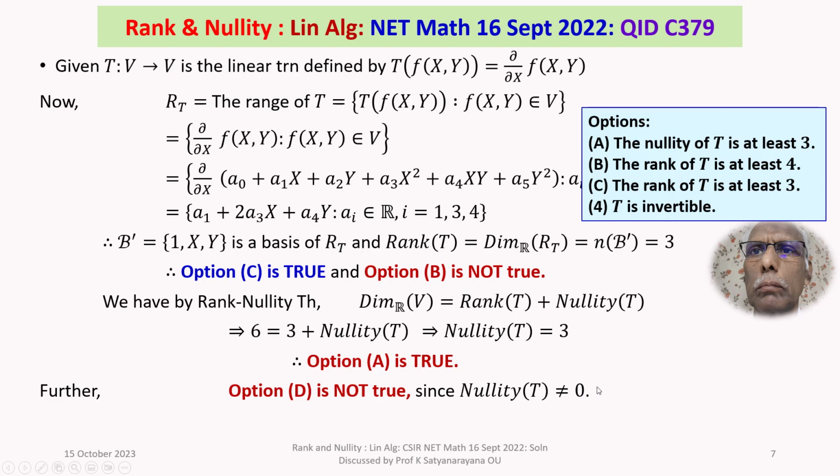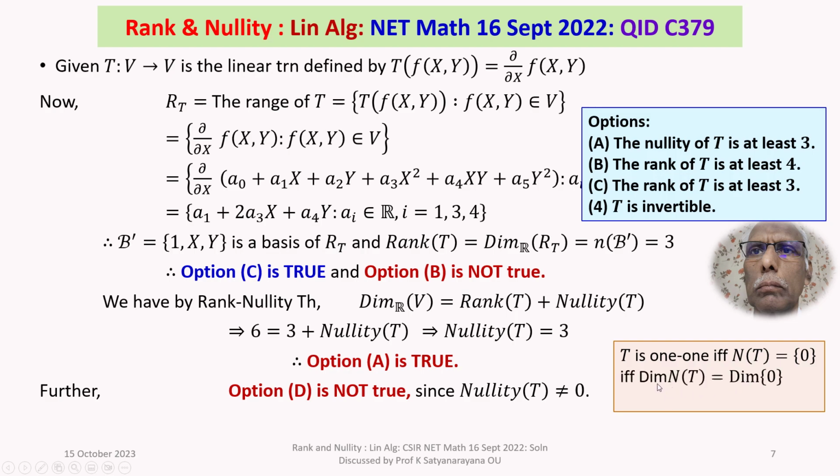Why is it so? Let's recall this: T is 1-1, a one-to-one transformation, if and only if the null space of T is trivial, namely consisting of the zero polynomial alone. That means T is 1-1 if and only if the dimension of N(T) is equal to the dimension of the zero space. The dimension of the zero space is 0.